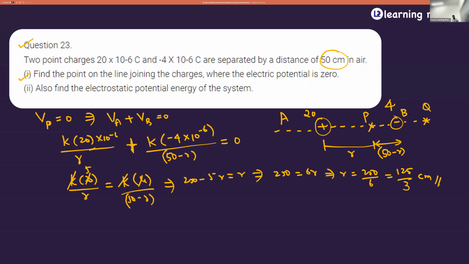Shall I proceed? Okay. The next part is we need to calculate how far Q is from either of the charges. So we'll draw the diagram again.